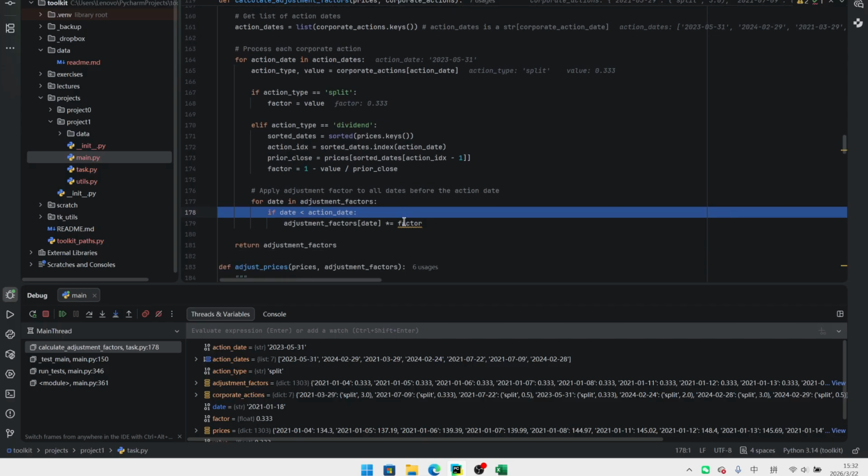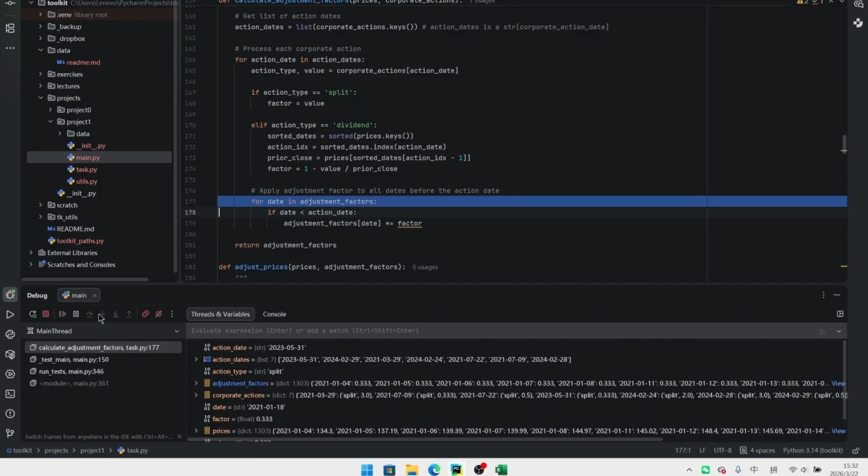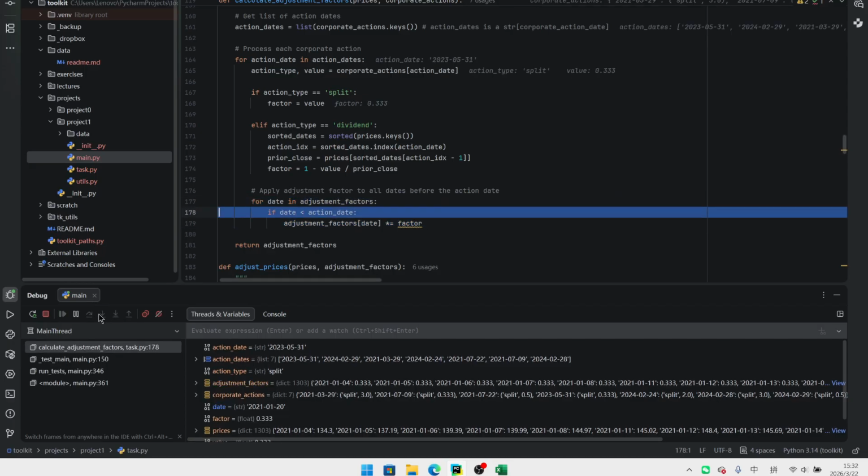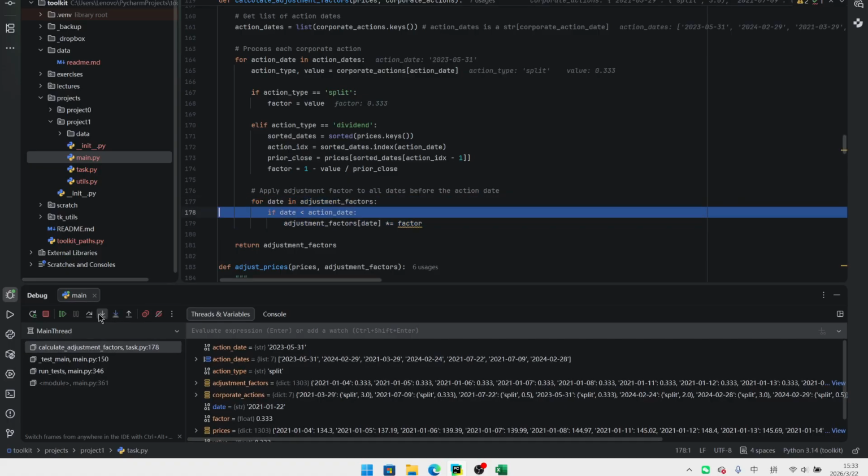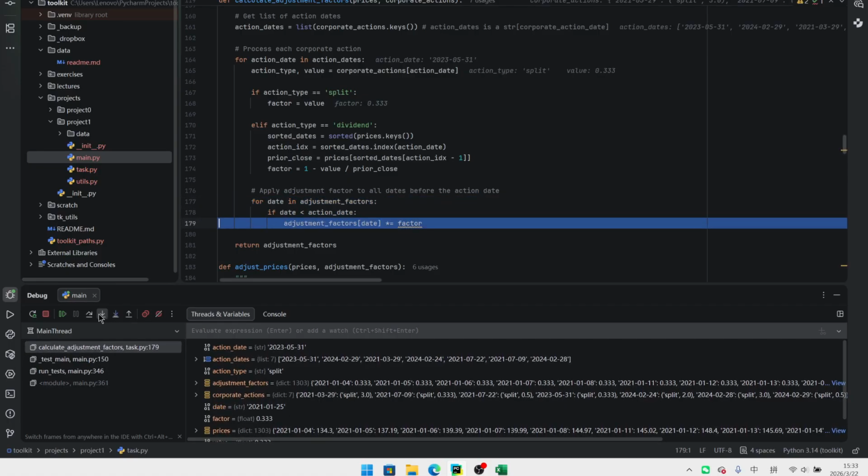Action dates. So it's not multiple. It's correct. I don't know, there's no chance.